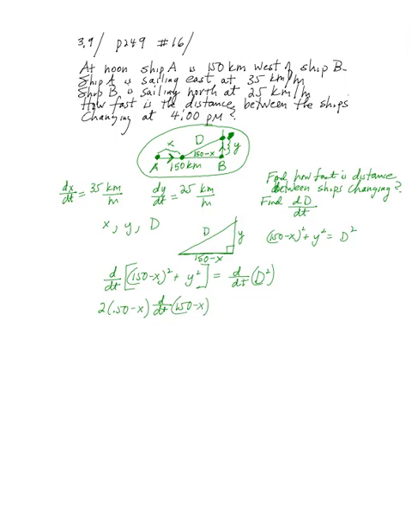I'll just write my roadmap and do the rest of the work in a minute. The derivative with respect to t of y squared, again I need chain rule, so I get 2y dy/dt, and the same thing for the derivative with respect to t of d squared. The derivative with respect to t of 150 minus x, the derivative of a difference is the difference of the derivatives. The derivative of 150 is 0.